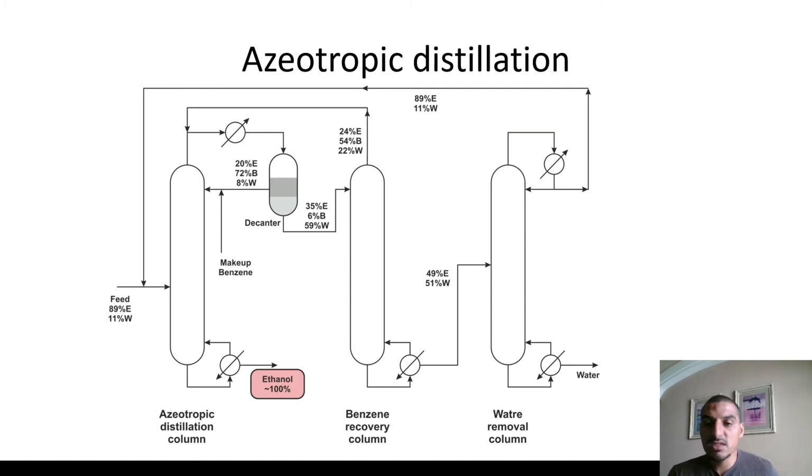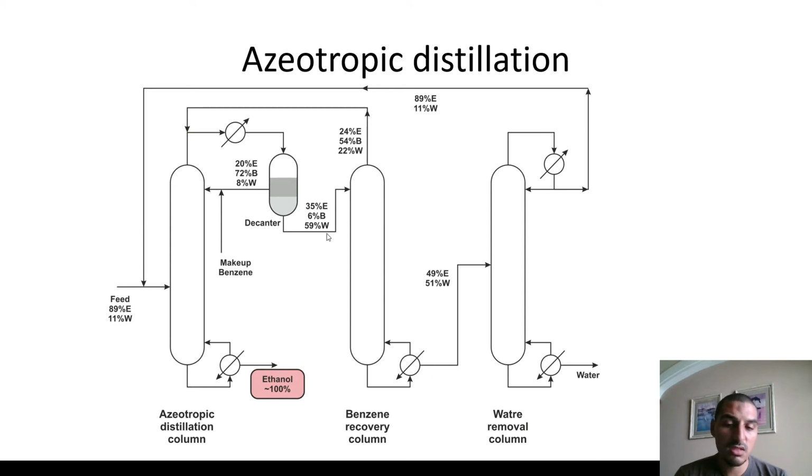However, we have other columns here because we want to make the process feasible. And by making it feasible, we want to make sure that we don't lose any of the benzene that we added, because it's a costly raw material. So we use this benzene recovery column.